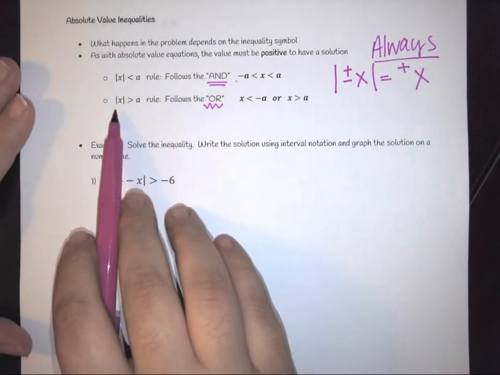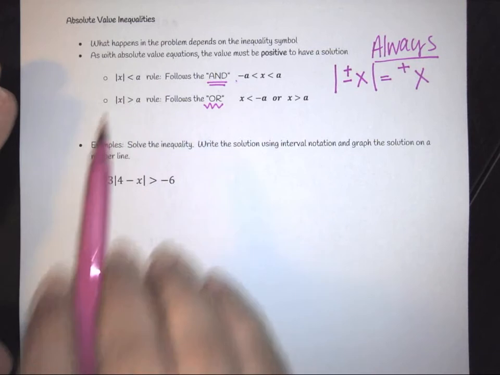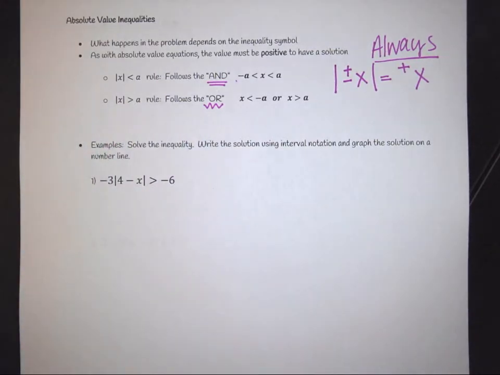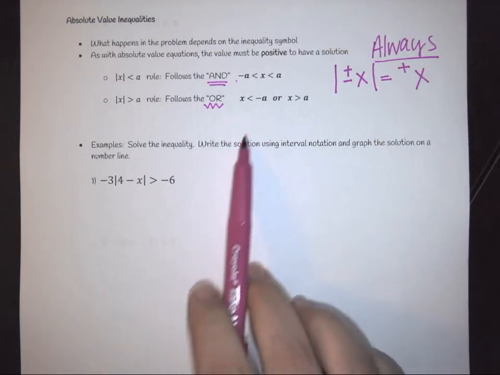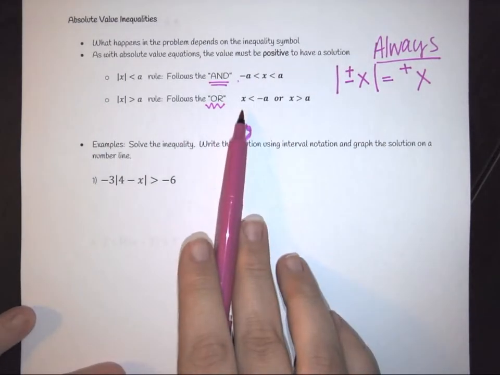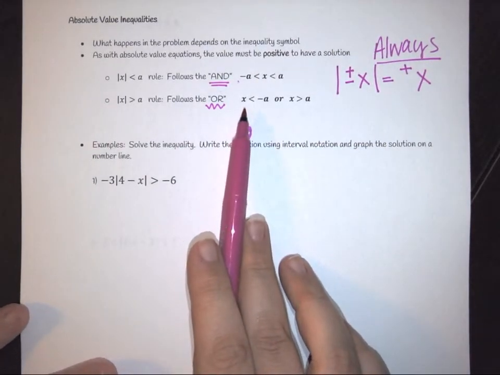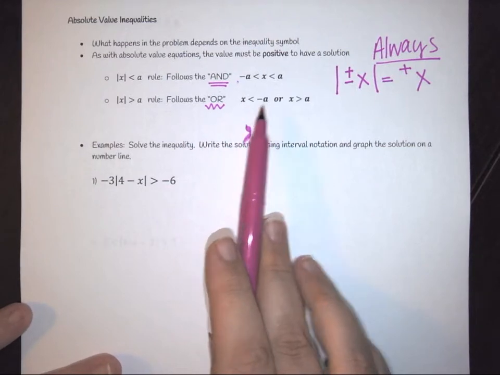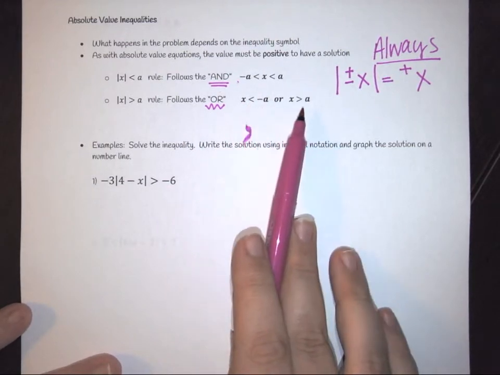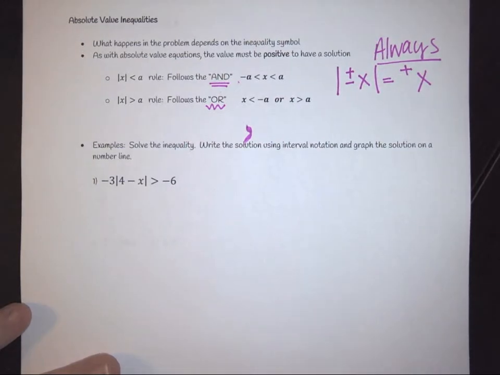If your absolute value is greater than a constant, then you're going to follow the or rule, which says you're going to break it up into x being less than the negative a, or the negative constant, or it being greater than the positive. Okay?